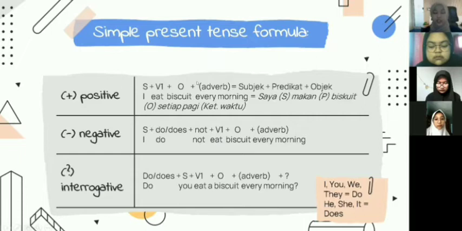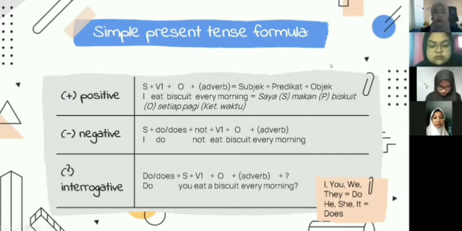In Bahasa Indonesia, we also know it as S.P.O.K. For example, I eat biscuit every morning. I is the subject, eat is verb 1, biscuit is the object, every morning is the adverb of time. In Indonesian: saya sebagai subjek, makan sebagai predikat, biskuit sebagai objek, dan setiap pagi sebagai keterangan waktu.